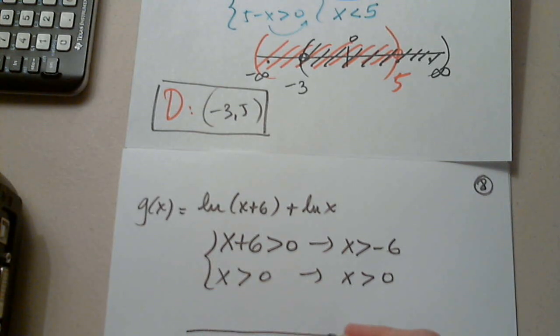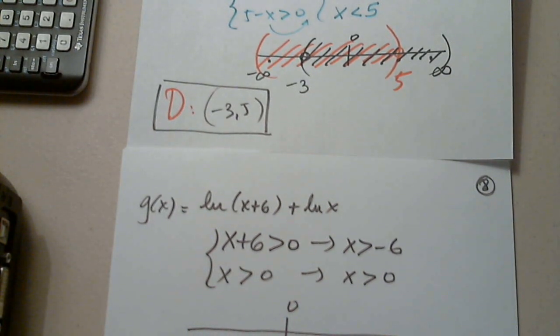If you need to graph, do so. The first one is greater than 0. Fine. And the second one is greater than negative 6.